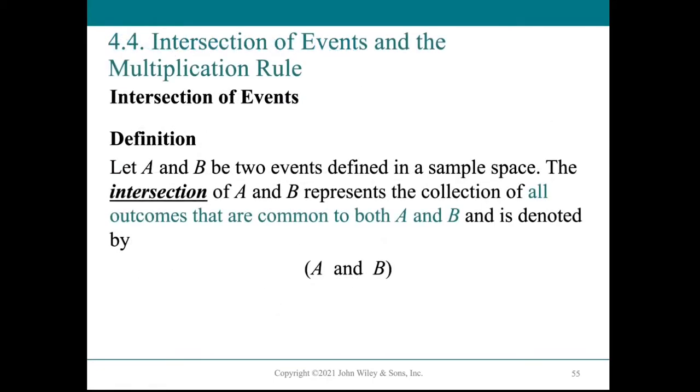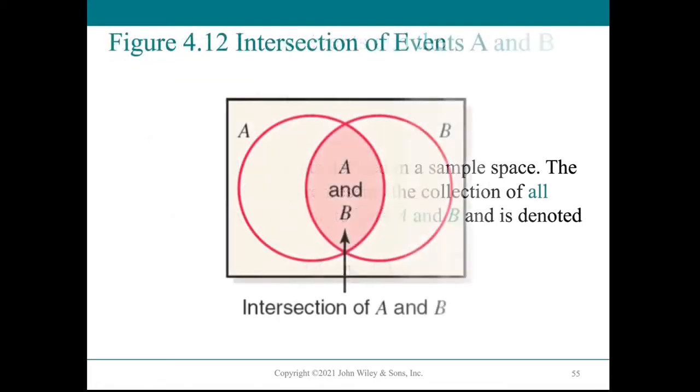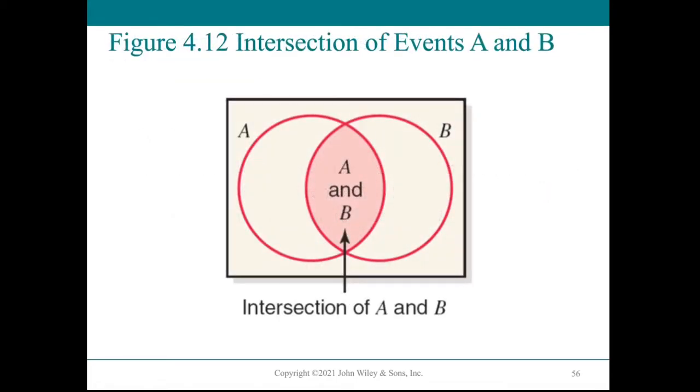Okay, so let's look at intersections. Let A and B be two events defined in a sample space. The intersection of A and B represents the collection of all outcomes that are common to both A and B. So if you remember your sets in math, the intersection of two sets, basically these are elements that have the outcome of both A and B. So here is the notation of that.